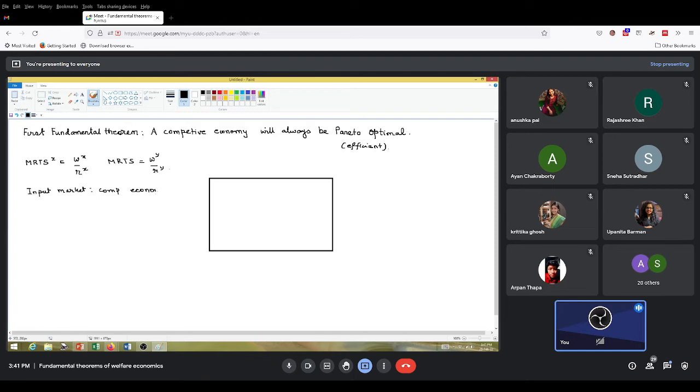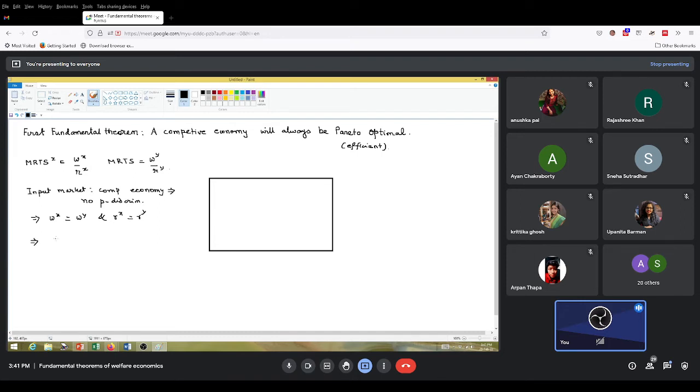There is no price discrimination, which implies that Wx is equal to Wy and Rx is equal to Ry.